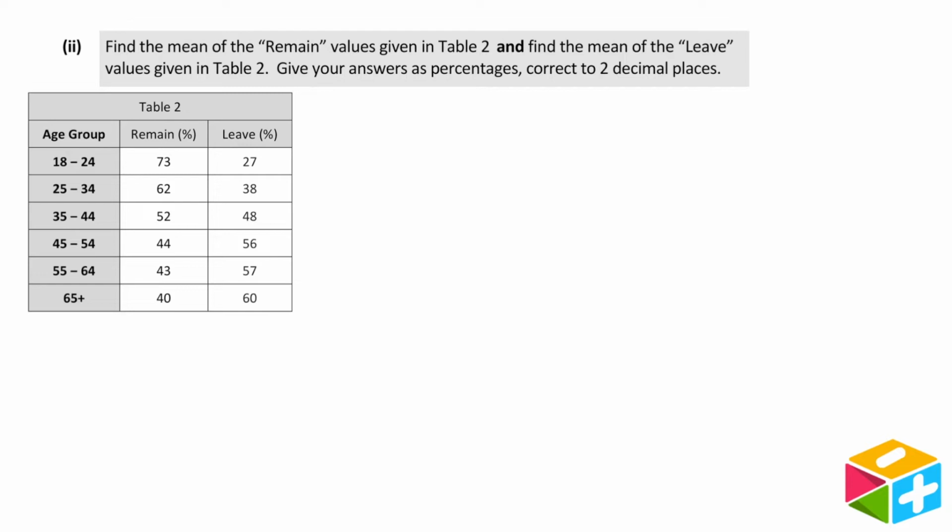Part II. Find the mean of the remain values given in Table 2 and find the mean of the leave values given in Table 2. Give your answers as percentages, correct to 2 decimal places.